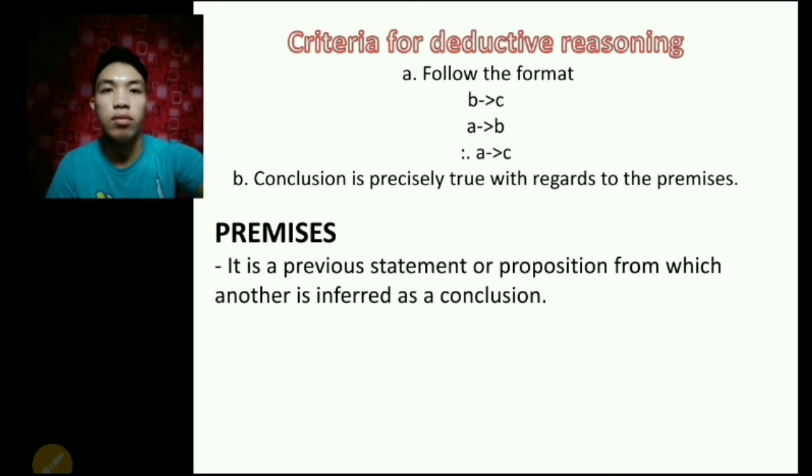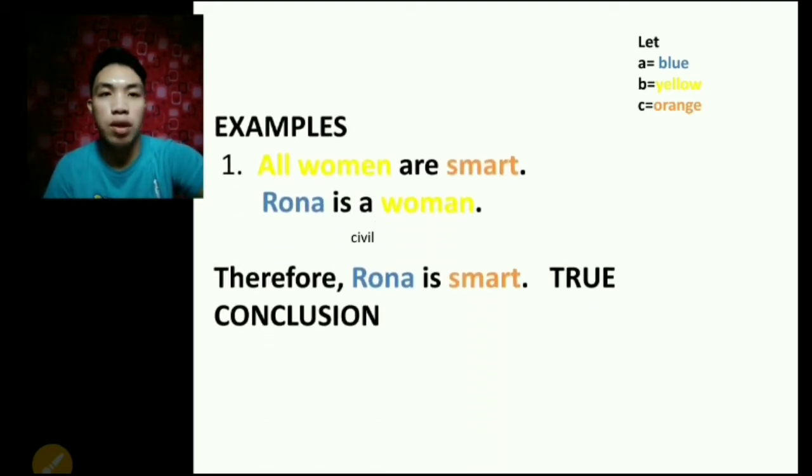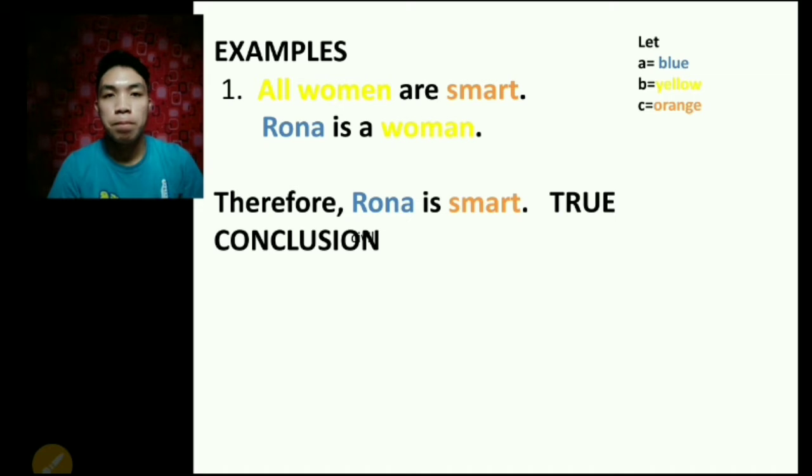Next, we have the first example. Example number one: all women are smart. Rona is a woman. Therefore, Rona is smart.